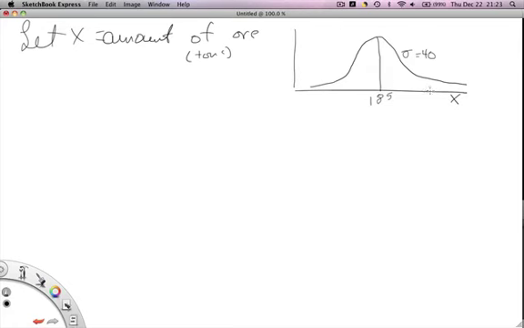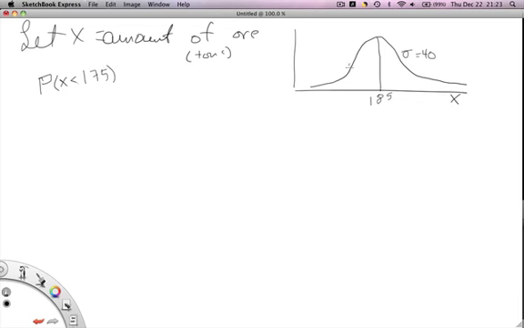So sometimes we get a very big segment, sometimes we get a segment that isn't so big. Now we've been asked to find the probability that some segment is less than 175 tons, so x is less than 175.